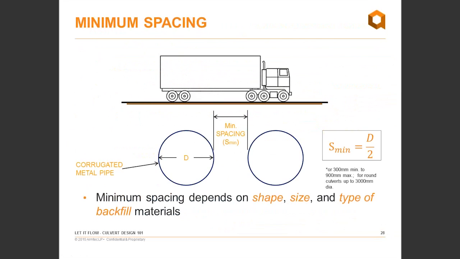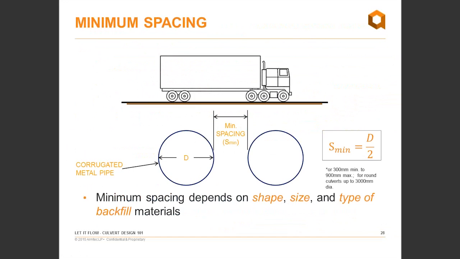Now, you not only have to worry about the space between a culvert and top of the road, but if you have multiple culverts, you need a minimum distance between them as well. There's pressure all around the culvert, and if two culverts are too close together, that pressure overlaps. You get additional load on your culvert wall. So we have a minimum spacing.